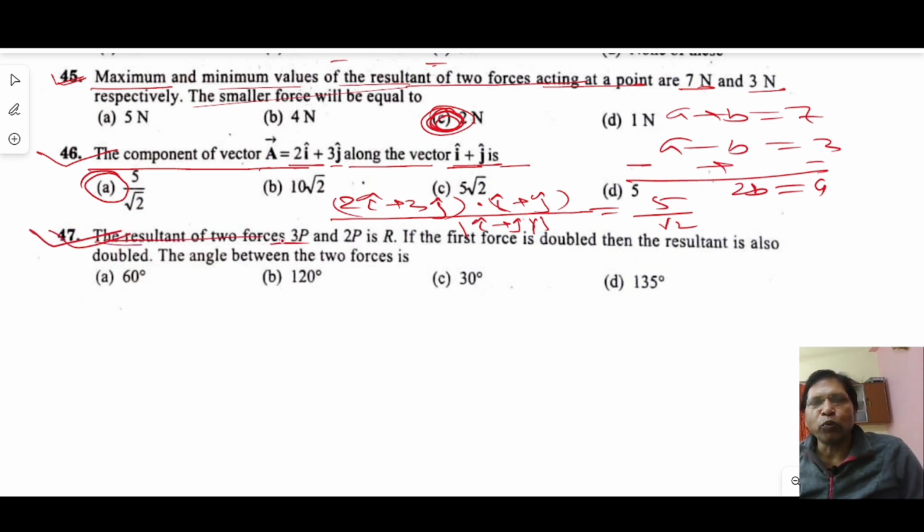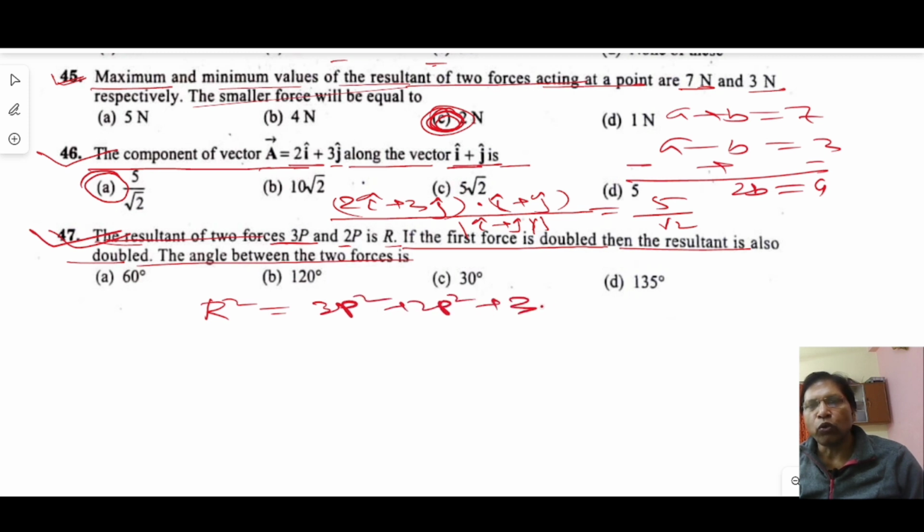Okay, now question number 47. The resultant of two forces 3p and 2p is R. If the first force is doubled, the resultant is also doubled. Find the angle between the two forces. Now look at this, here R square equal to 3p square plus 2p square plus 2 into 3p into 2p into cos theta.